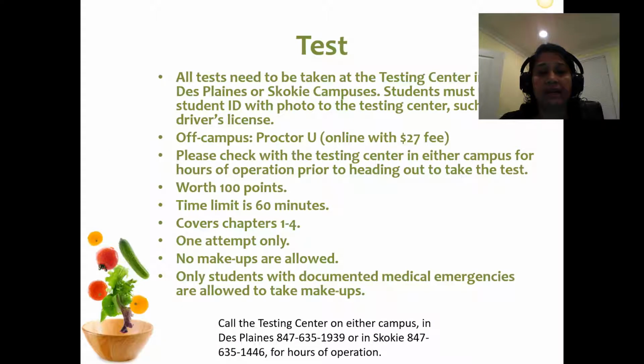Now, the course exam needs to be taken at the testing center on either the Des Plaines or the Skokie campus. Students must bring a student ID with a photo or a driver's license to the testing center, and off-campus testing is available through Prof. Urbi Ghosh. It is online, so you can schedule it at your own time, outside of the window of the testing center being open.